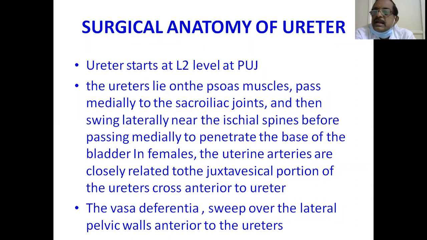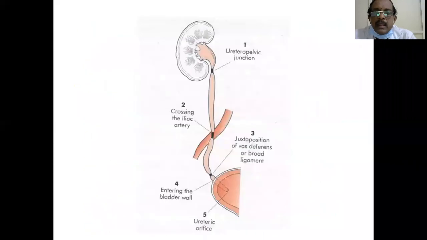The ureter crosses posterior to the uterine vessels; the vessels are anterior to the ureter. The vas deferens is also related to the ureter, but it is in front of it. So you have to remember the relation of uterine arteries to the ureter, because the commonest injury is due to difficult gynecological surgery and pelvic surgery. So this is the anatomy of the thing.